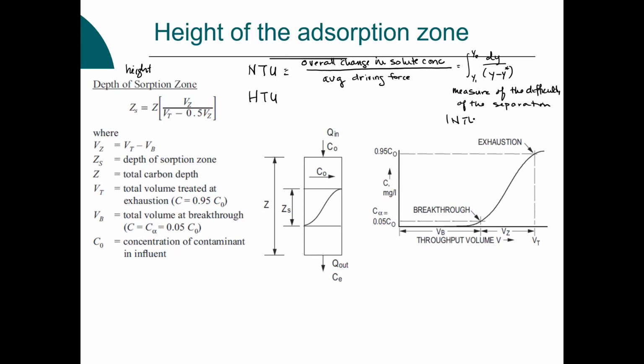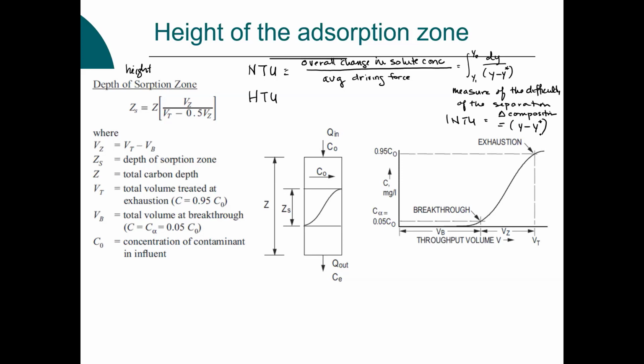1 NTU, so a single transfer unit, is equal to the change in composition. So with that change, dy, change in concentration, is equal to the driving force, or the force producing the change.